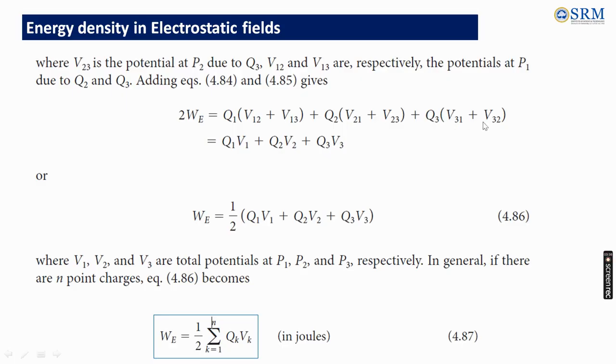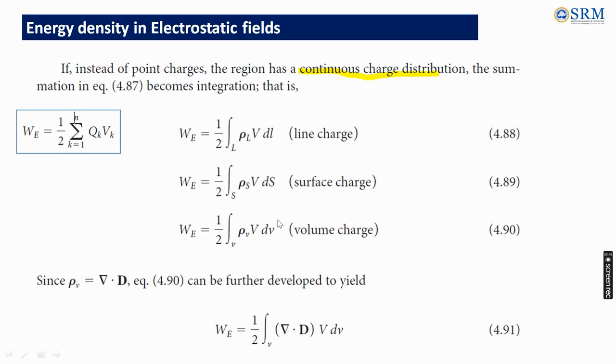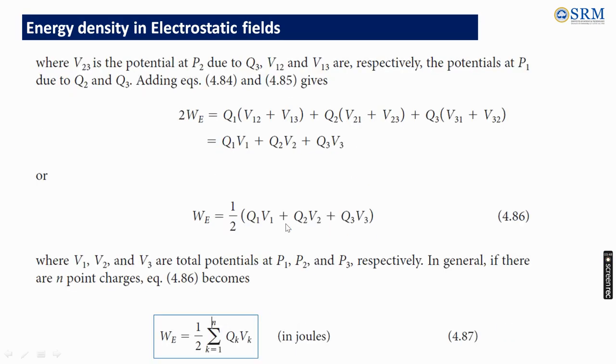Similarly, for this term, it is V3. So if I want to find the work done, it is half of the sum of the product of the charge and potential at each point P1, P2, P3. Now this is for three charges. If I want to extend this for n number of charges, the work done is half the sum of Qk into Vk.